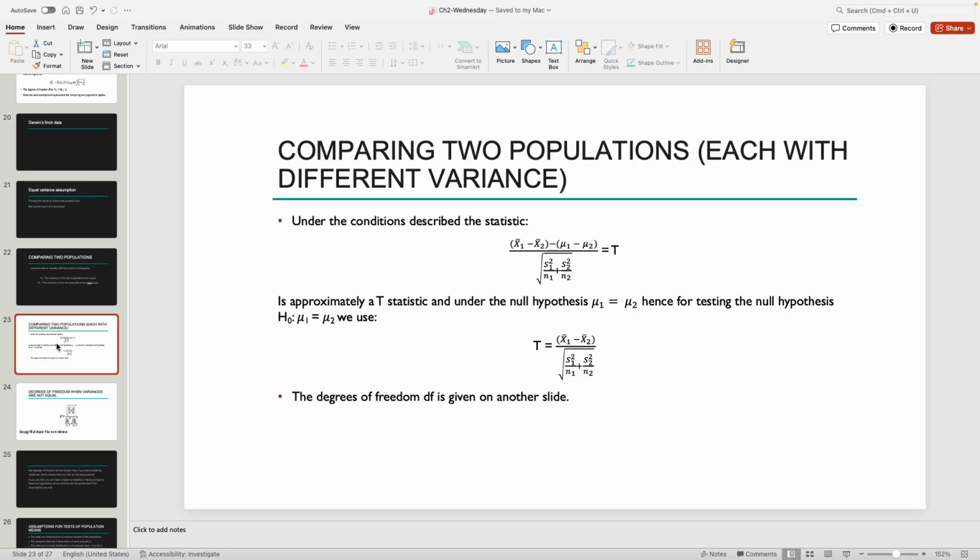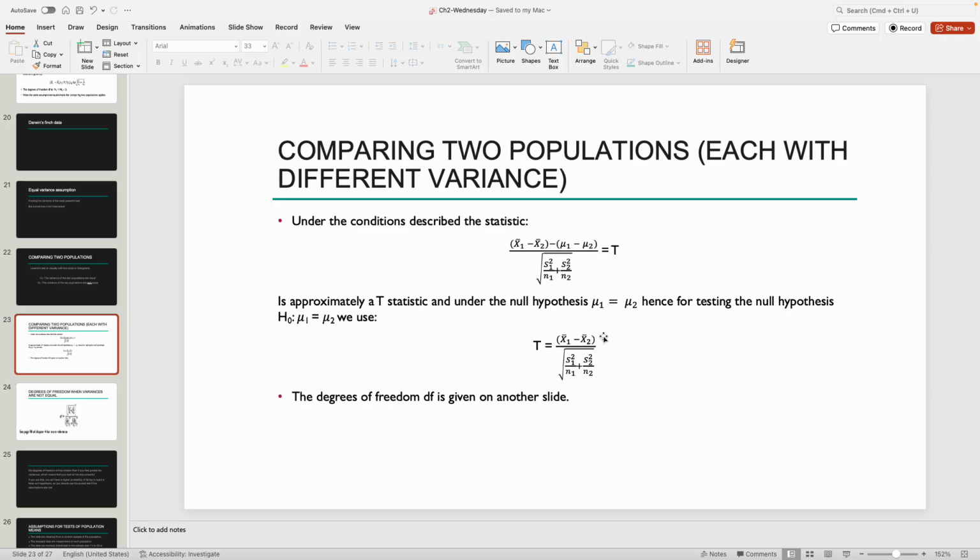If Levene's test says the variances are different, you shouldn't pool them. You shouldn't say the variances are equal when they aren't, so we need a different statistical methodology. When the two populations have a different variance, this is the test statistic you'd calculate.